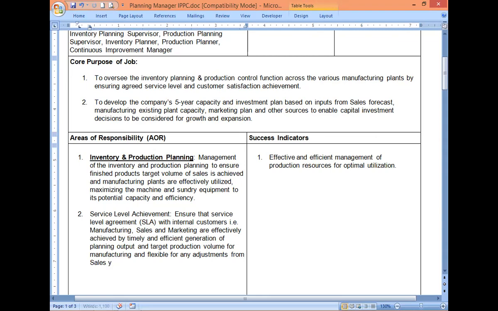Sales thus maintain, that is not Y, that's supposed to be T. Thus maintain. Okay.